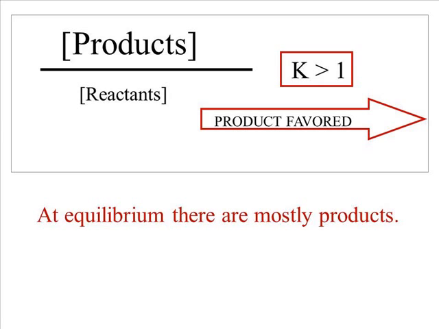When you're looking at the size of K, you're looking at whether you have a product or a reactant favored equation. So if you have a large number of products, so your reaction has equilibrium that lies to the right, it is product favored, it has a K greater than 1. At equilibrium, you have mostly products.